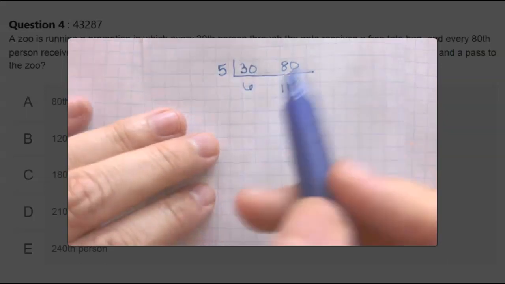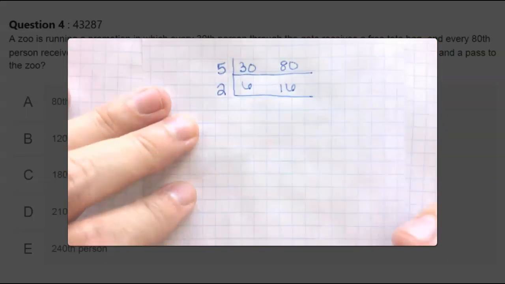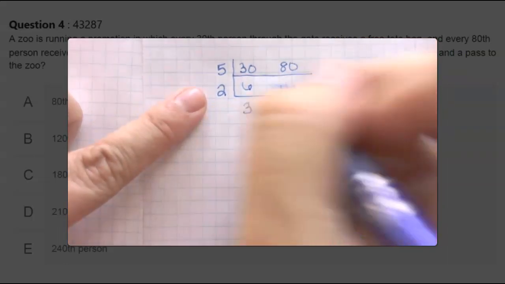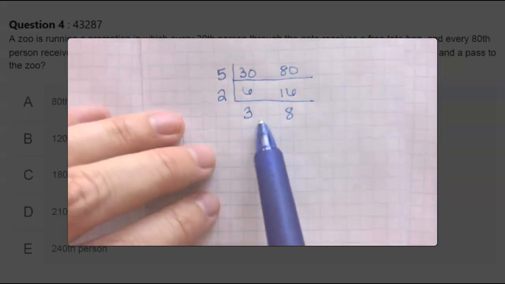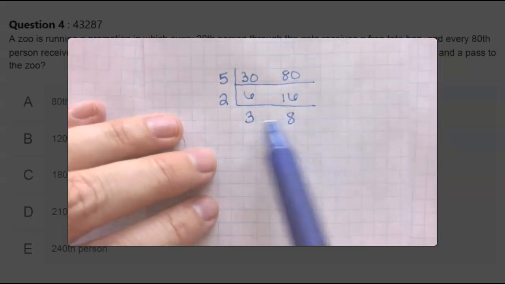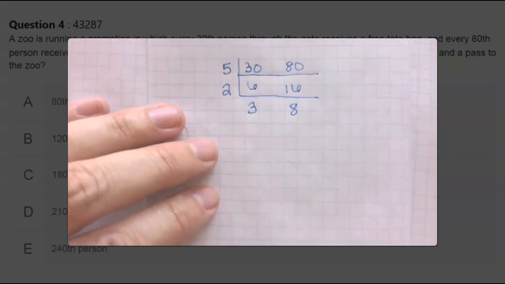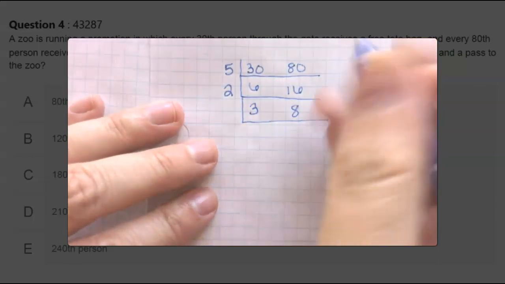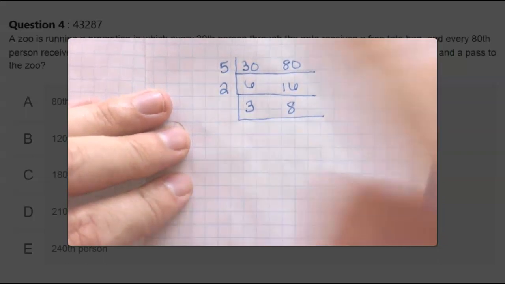All right, so they're both even numbers. I can actually pull out a 2. That's a prime number. 6 divided by 2 is 3. 16 divided by 2 is 8. Now, they don't share a common prime factor anymore, but they're still not both prime. So this is kind of the extension to that ladder. We still have to get them prime. So 8's my issue, but 3 is good.